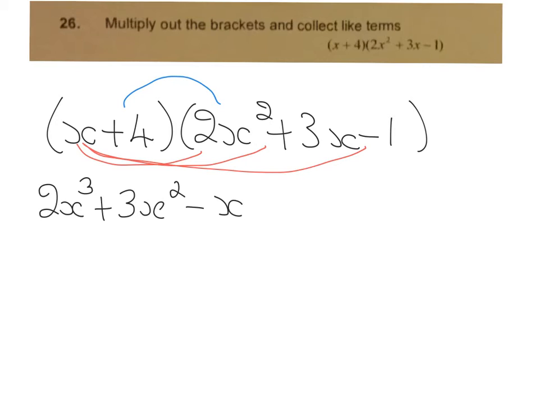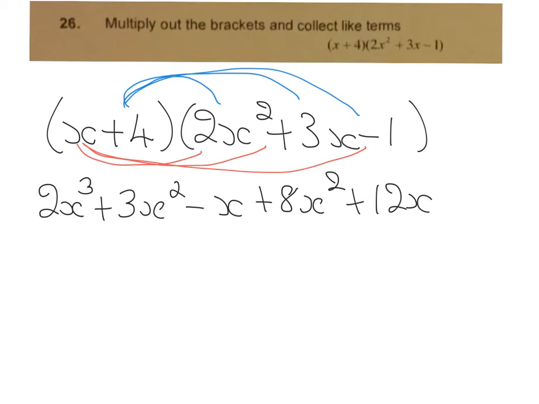So 4 times 2x squared is plus 8x squared. Then 4 times 3x, which is plus 12x. And then finally, 4 times minus 1, minus 4.